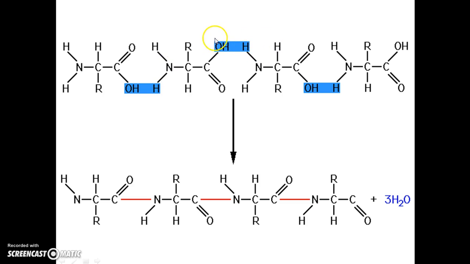You do that same thing 2 more times, and you end up with this protein plus 3 waters that you took out. 1, 2, 3. I don't know about you guys, but I find that much easier than the dehydration synthesis of either carbohydrates or lipids.